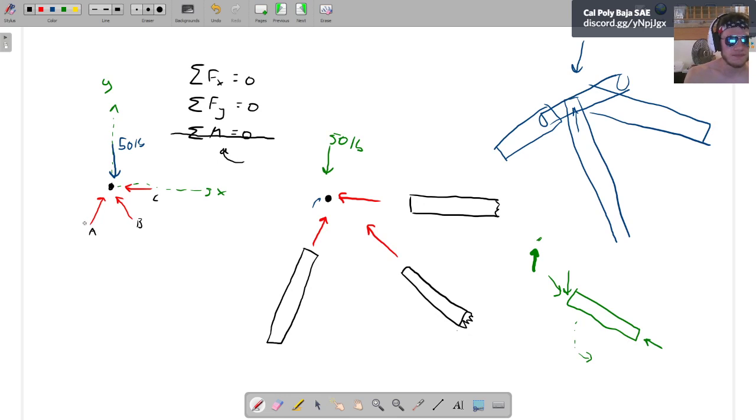So they've got some angle, right? Angle alpha, angle beta, and this one we'll call horizontal with the x. So if I do sum of the forces in x equals minus C, because we're going in the negative x direction, plus A, would that be cosine? Oh, not cosine. It's going to be A sine alpha.